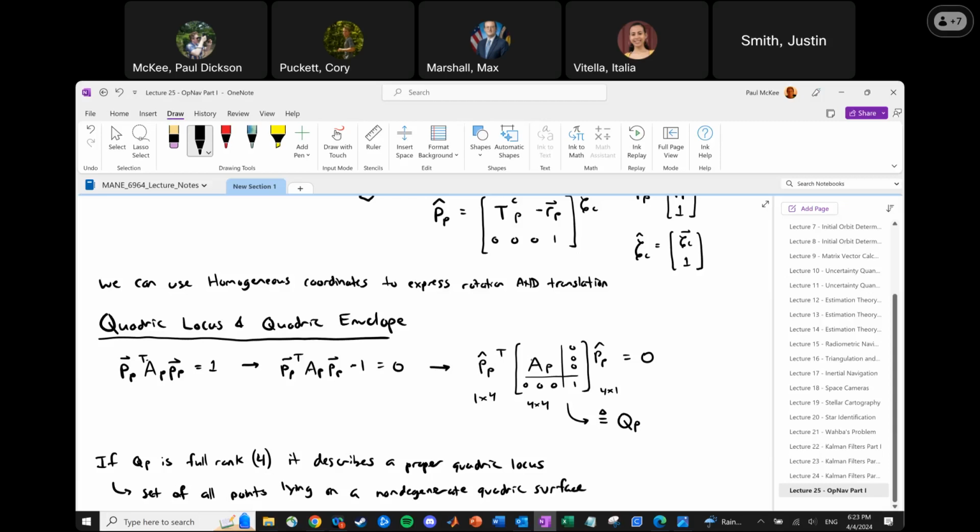And in this case, non-degenerate does not mean that it is not a weirdo. It means a quadric surface is generally an ellipse or an ellipsoid like this. But if you lost rank, then you could maybe end up with a pancake shape. So a 2D ellipse in 3D space would be a degenerate quadric surface, right? You've kind of lost some information. It's not the way it's supposed to be. That's the idea. So think of a sphere or an ellipsoid.